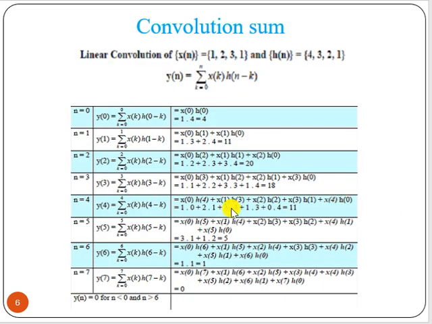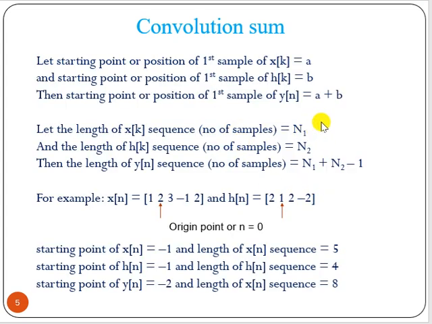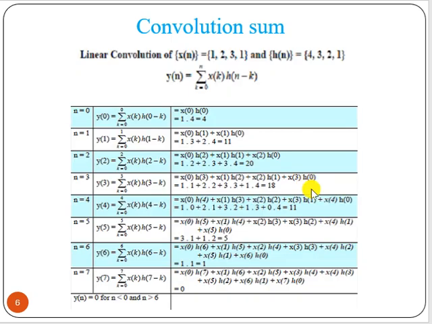Now this is the example where we have used only the summation formula, but the starting point and total number of samples you have to find out from these two formulas. Here, y at n equal to 0: k goes from 0 to 0, so x0 into h0, only one value.